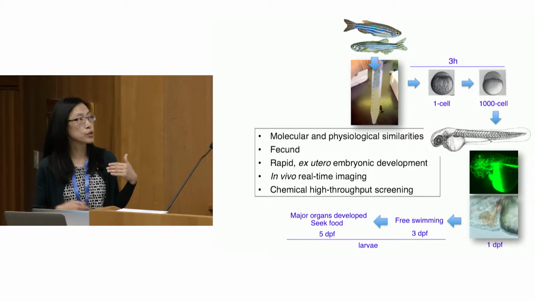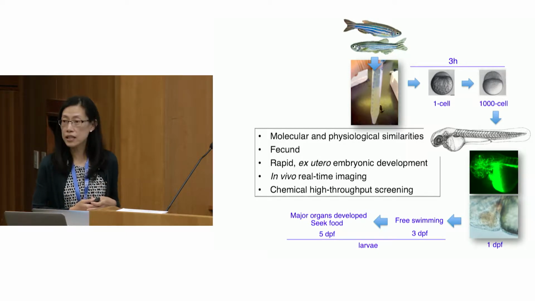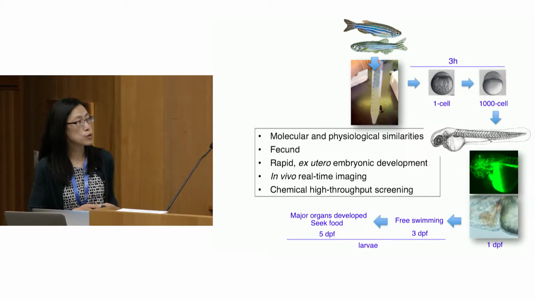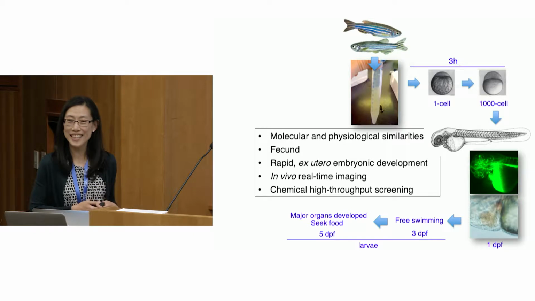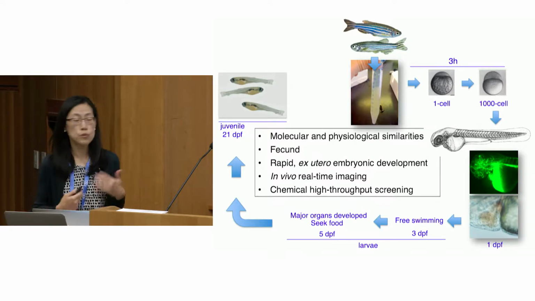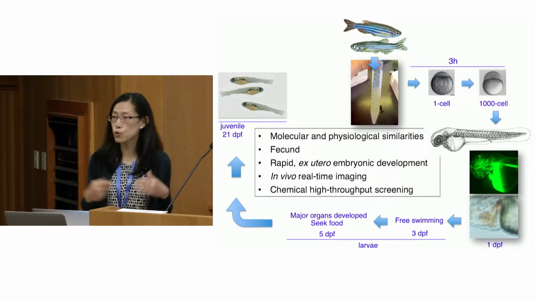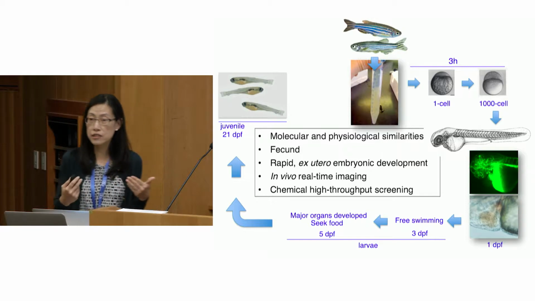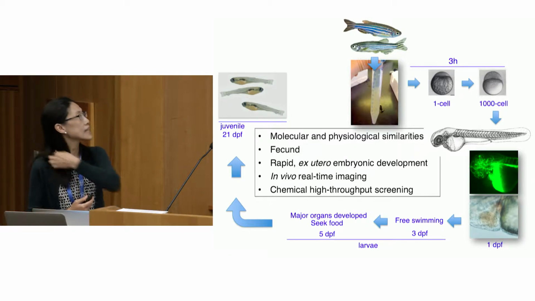They can respond to external stimuli. So you can do all sorts of behavioral assays already at 5 days old. In about 21 days, they also already exhibit social interaction behavior, and you can analyze their social interactions.